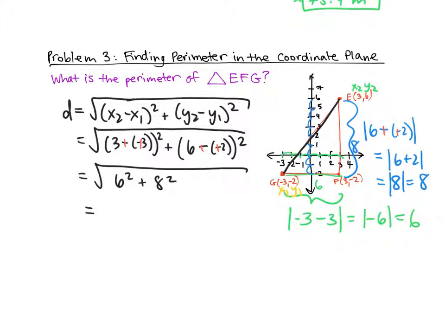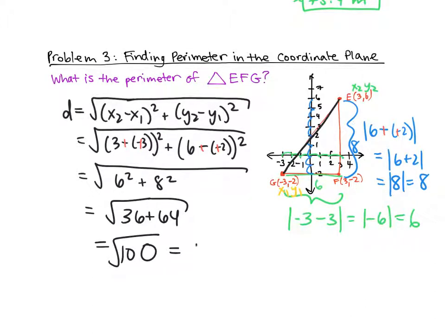But we did it this way, 36 plus 64. It's 100, and the square root of 100 is 10. So this distance is 10. So the perimeter is 10 plus 6 plus 8, which is 24.